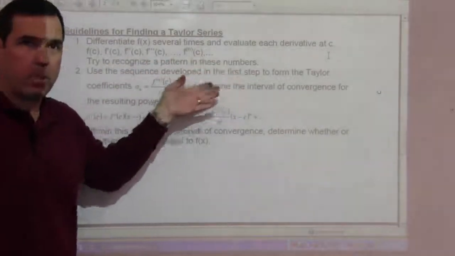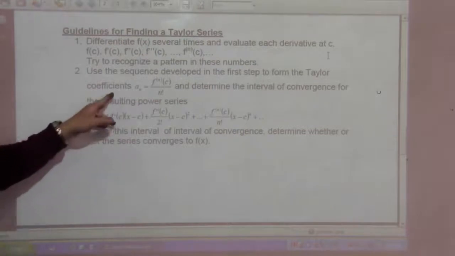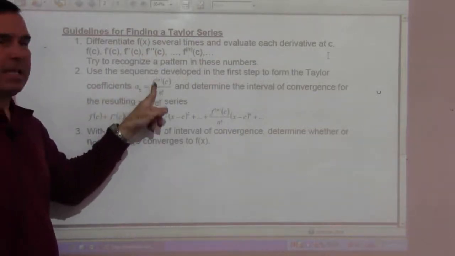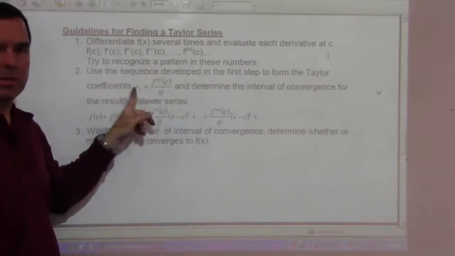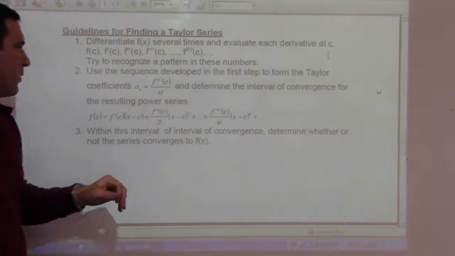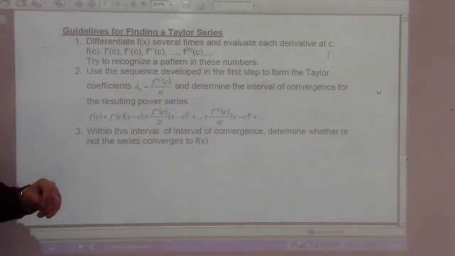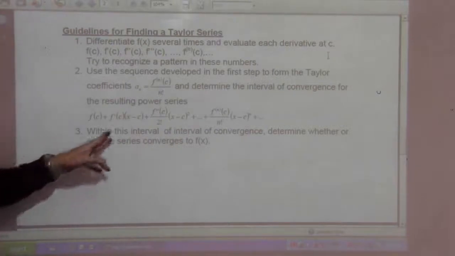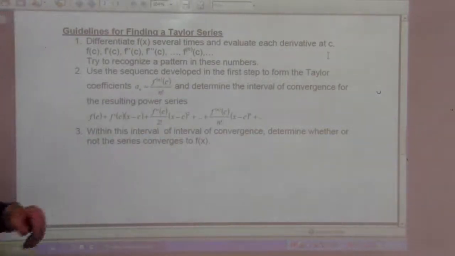That's what we've been doing, trying to find a pattern. Use a sequence developed in the first step to form the Taylor coefficients. A sub n is the nth derivative of f at c over n factorial. So a1 is the first derivative, a2 second derivative, and so on. And determine the interval of convergence for the resulting power series. Within this interval of convergence, determine whether or not the series converges to f of x. So I look at the remainder.